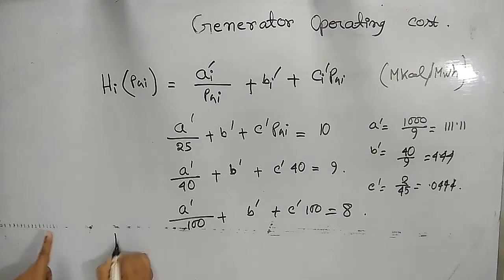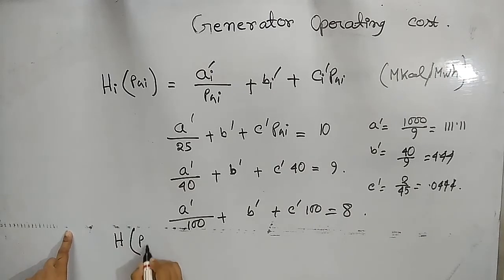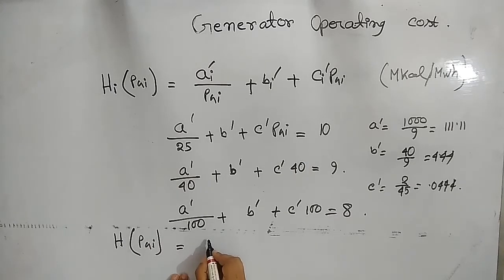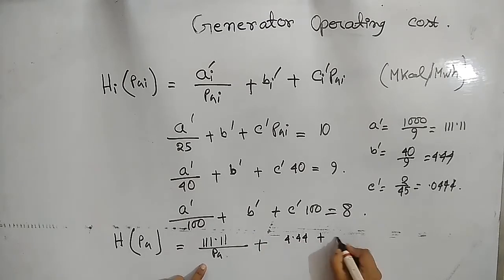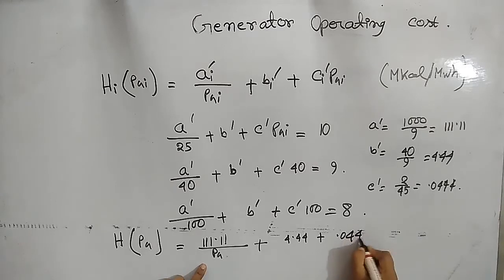So put the value of A, B, C and we get the value of heat rate: A dash is 111.11 by PG plus B dash is 4.44 plus C dash is 0.0444 into PG.